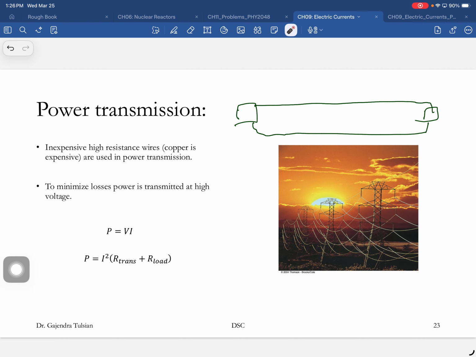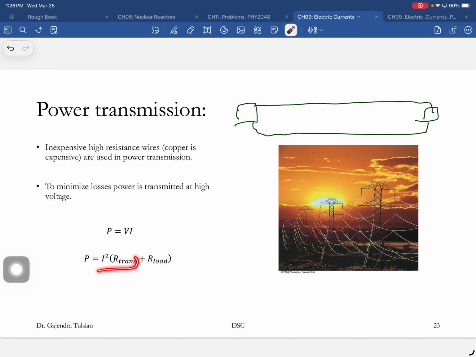So the power delivered is I squared times R, the resistance of the transmission line, and R is the load that you're using in your house. So this is the power being delivered to you.